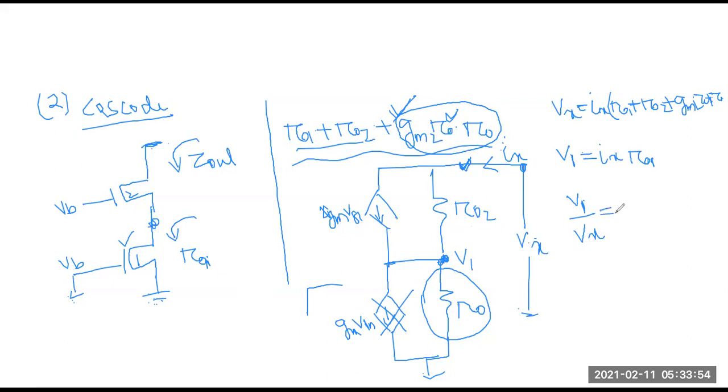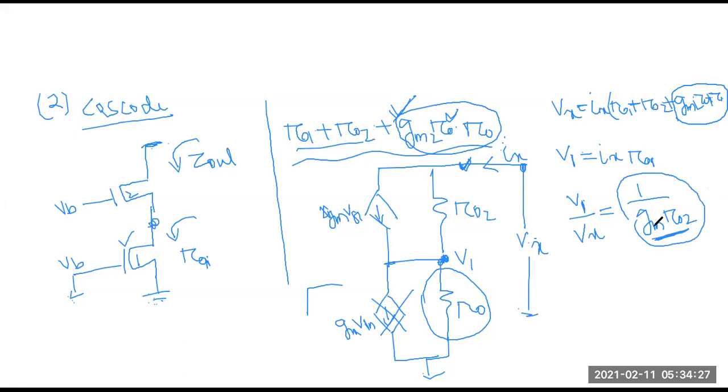Taking only the dominant part, Ix will cancel, so the gain is 1 by gm R02. This gm R02 generally varies from 10 to 100, maybe more than 100.